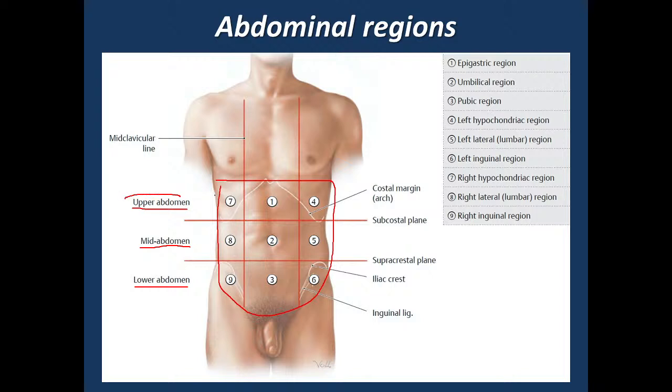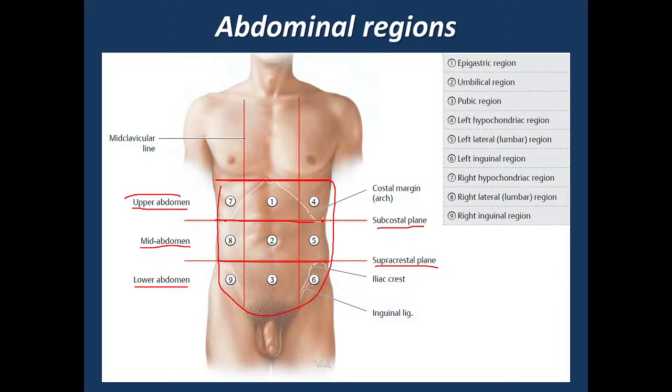Upper abdomen is between the upper border and the subcostal plane, which goes through the 10th ribs, and another line or plane is the supracrestal plane: subcostal plane and supracrestal plane.